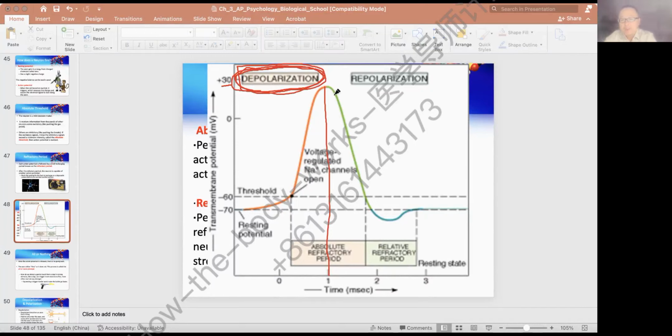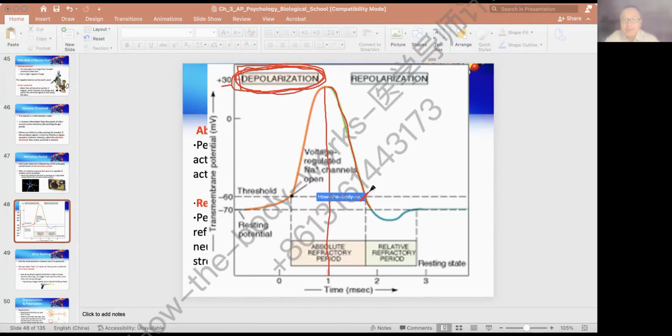Well, the story moves on. After 1 millisecond, you can see that the voltage immediately falls down, from positive 30 millivolts to around minus 60.